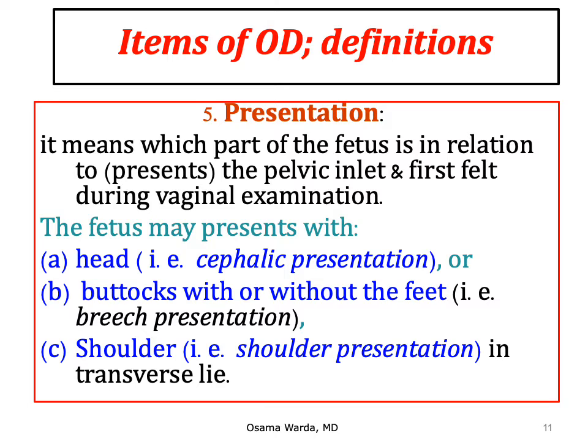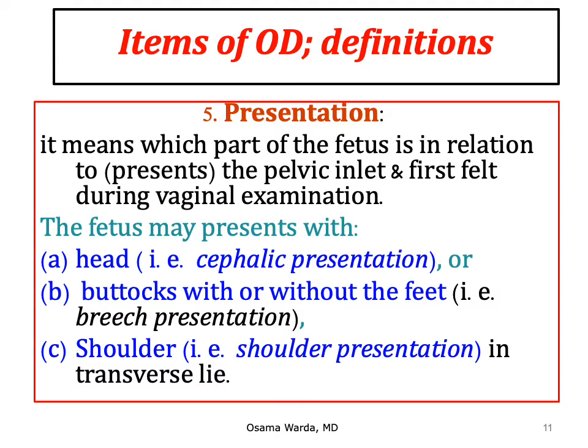The presenting part is just the buttocks, so it is frank breech, and this is the most common type of breech presentation. And according to the flexion and extension movement of the lower limb, it may be a knee presentation, or a footling, single or double footling presentation in breech presentation.